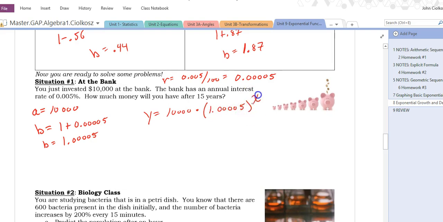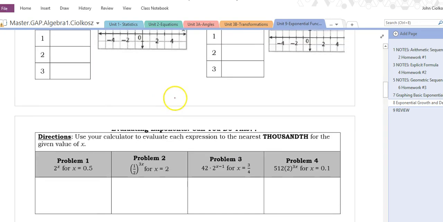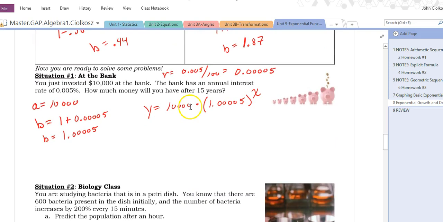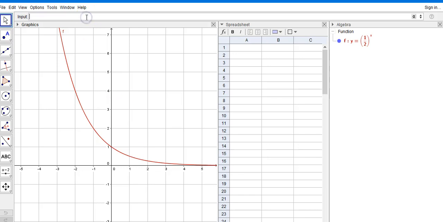Up to the X. For this next part, how much money am I going to have after 15 years? We're going to go ahead and plug that in because X is how many years, Y is our money. So it would be 10,000 times our base up to the 15th power. Let's go ahead and use GeoGebra here. I'm going to delete this.